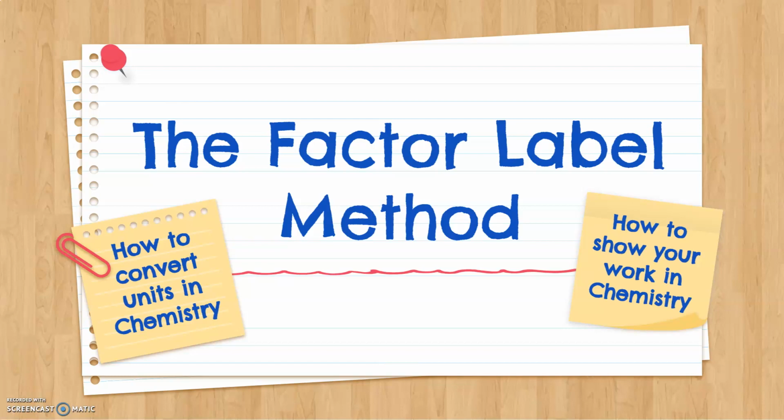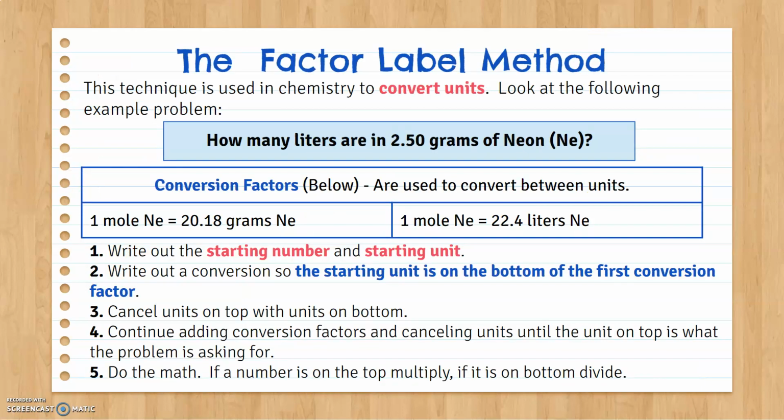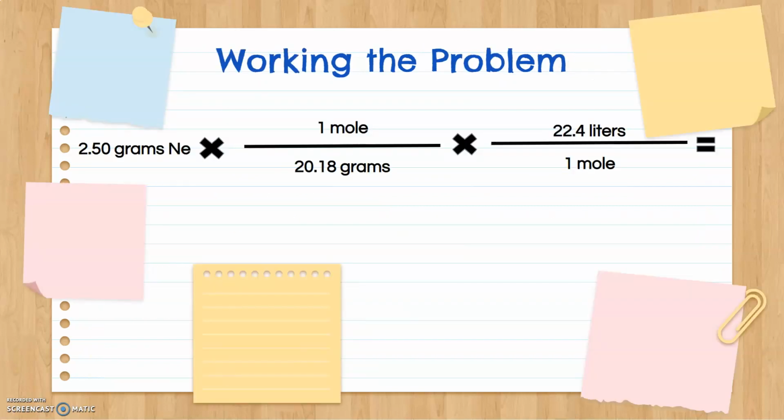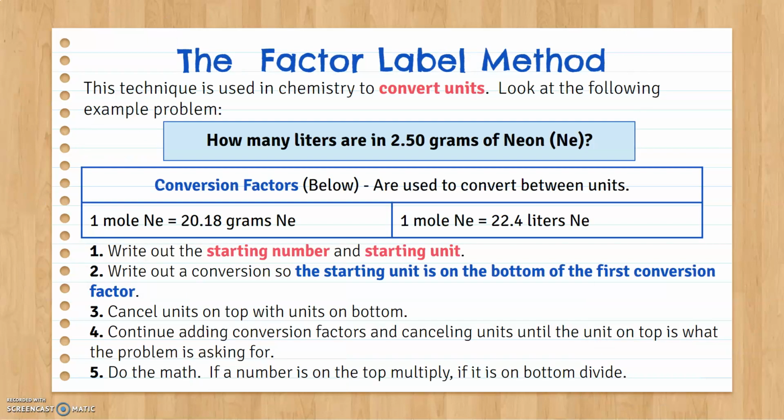I'm going to work everything through the slide presentation. On this page I have all of the concepts that we're going to work through, and on the next page I actually have the problem. I'm going to be working that problem in blue, where it says how many liters are in 2.5 grams of neon.